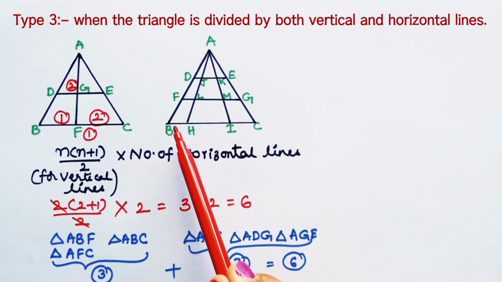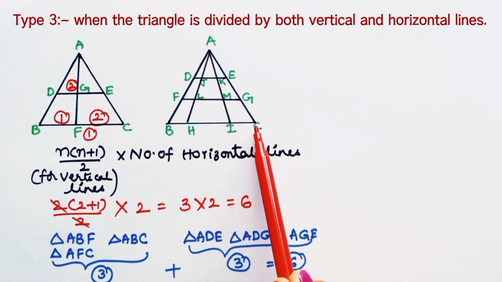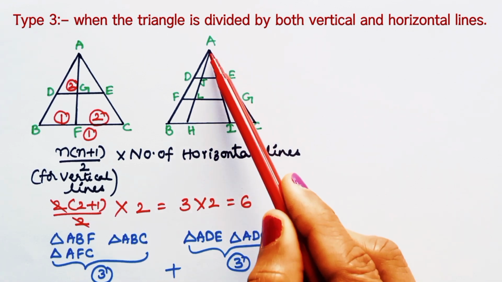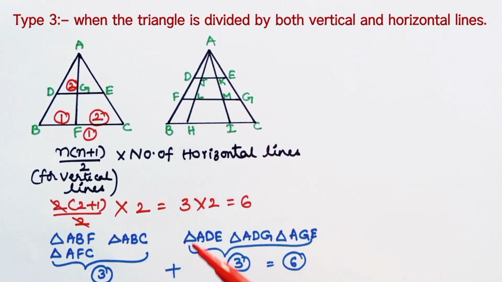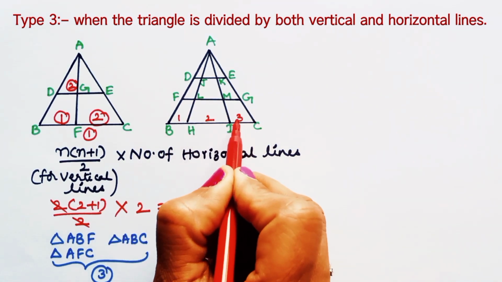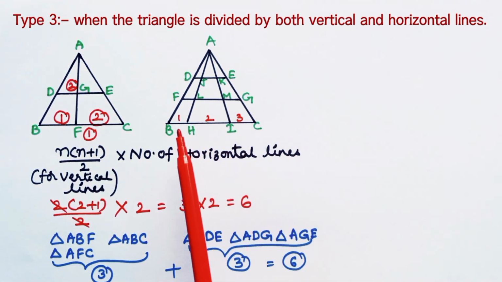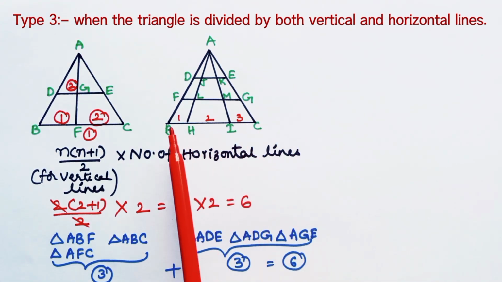In this figure, first let us write the number of parts in which the base of the triangle BC is divided by the vertical lines AH and AI. This is 1, this is 2 and this is 3. So how many parts has the base of the triangle been divided into? Yes, it is divided into 3 parts.